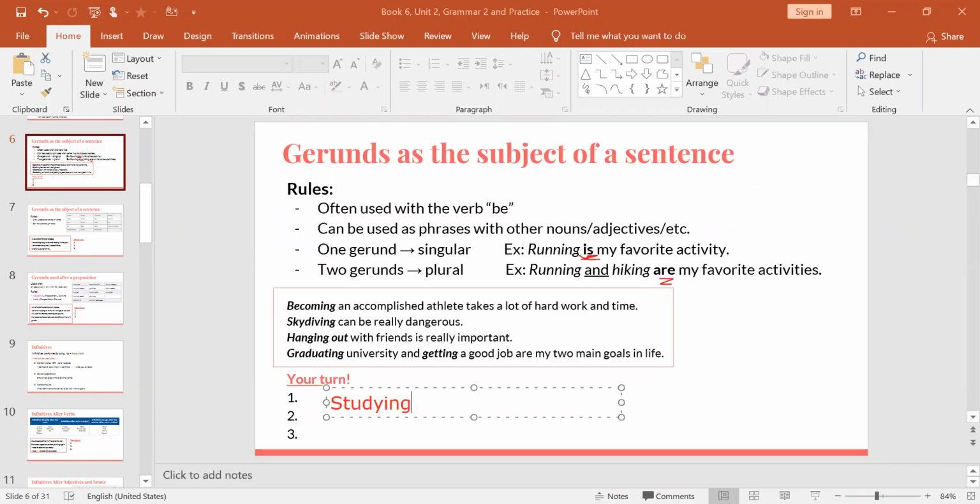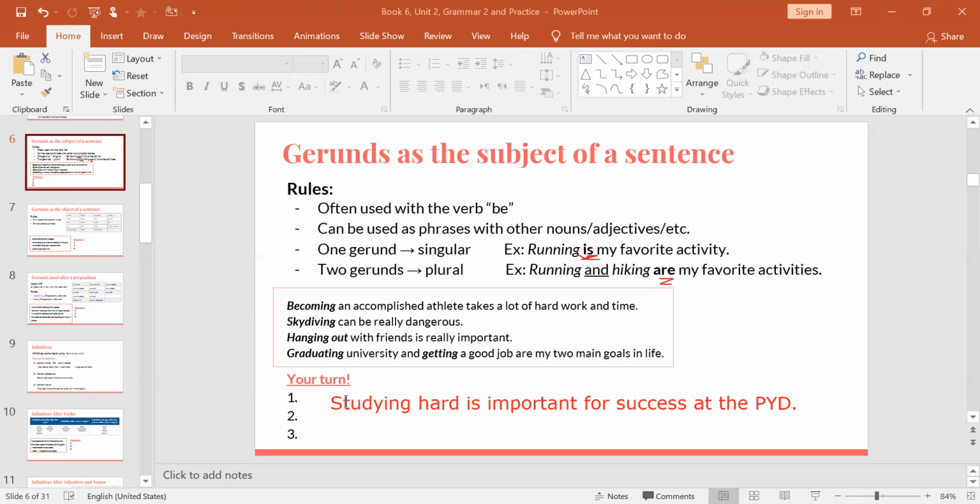So now this is the subject of the sentence. So studying hard is important for success. Okay, so studying is important for success at the PhD.